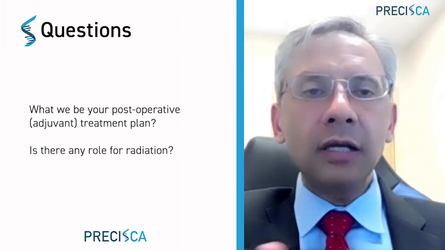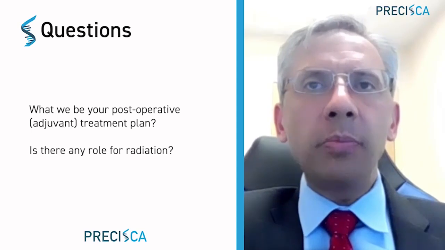Very good. So this patient had surgery. And Dr. Weinberg, what would be your normal post-operative or adjuvant treatment plan? So, if I saw this pathology report and it did suggest positive lymph nodes on the basis of a cholecystectomy, I would probably send the patient, or at least consider sending the patient, back to Dr. Weiser to discuss, as he mentioned, whether additional surgery should be done.